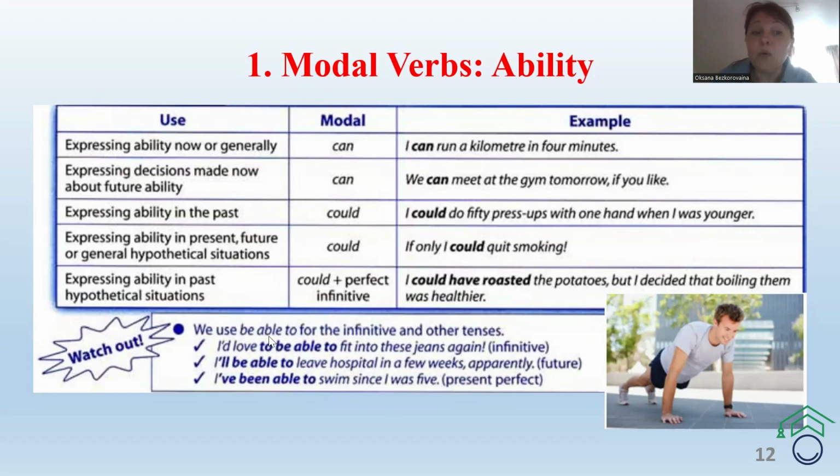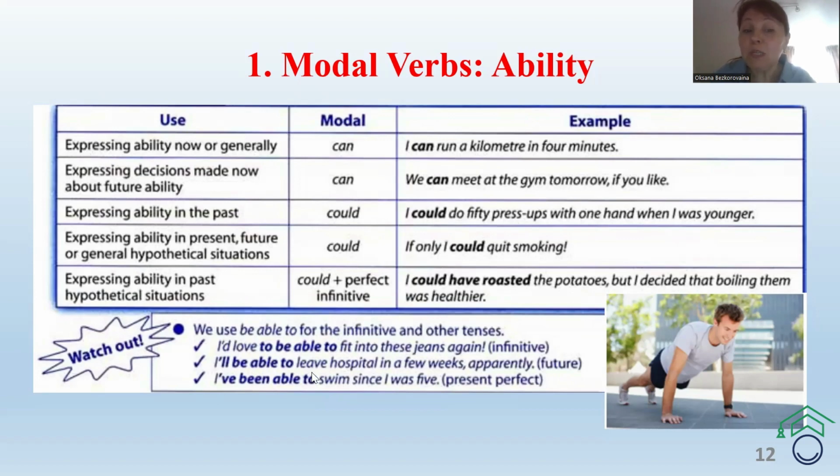Watch out. We use be able to for the infinitive and other tenses. I'd love to be able to fit into these jeans again. We need an infinitive here, so instead of can or could, we use be able to. When we're speaking about the future, we can't use can, we replace it with be able to.